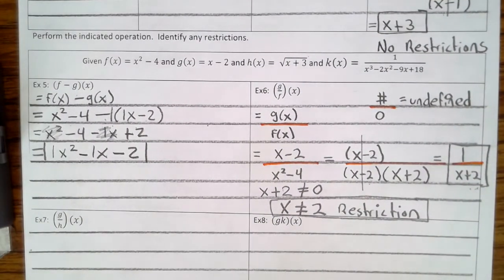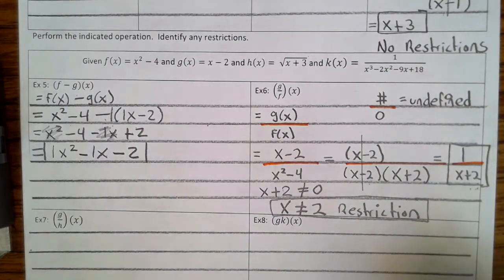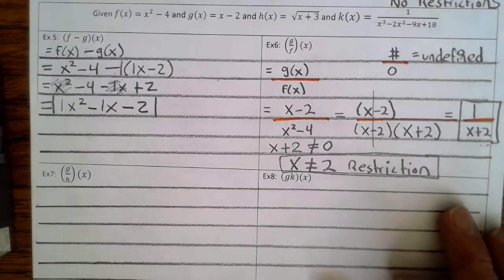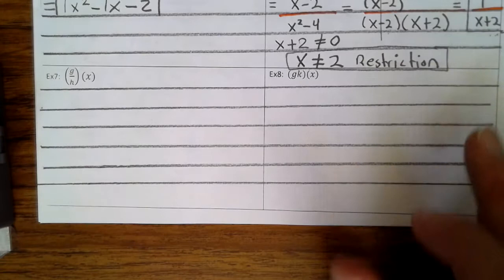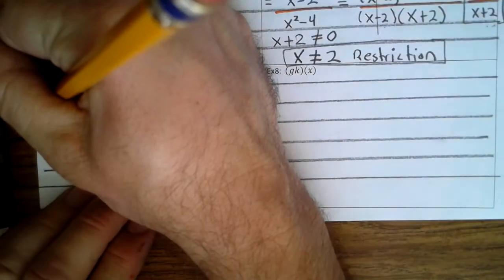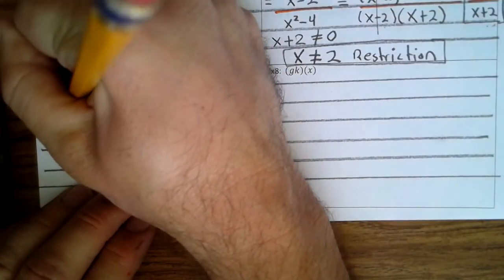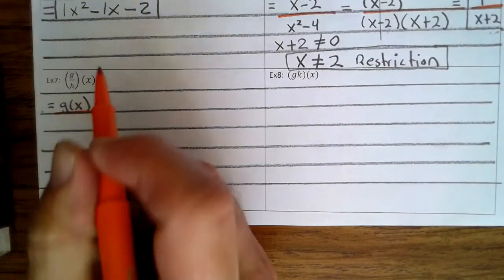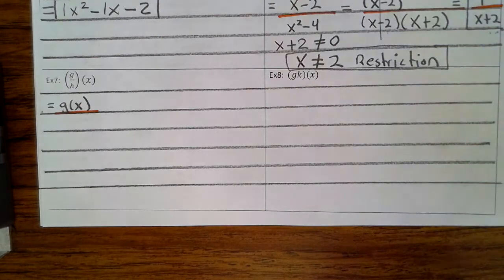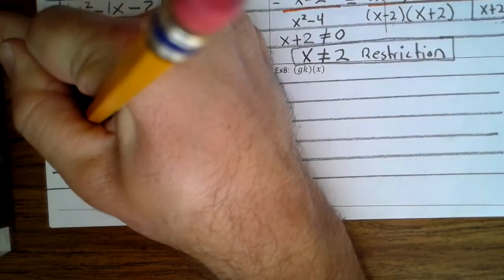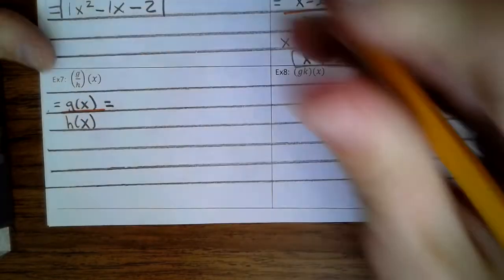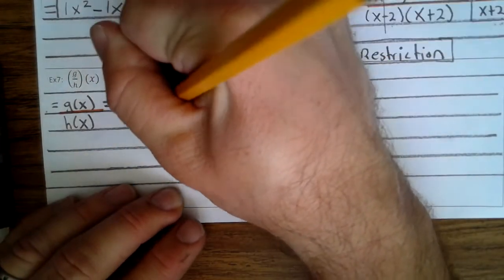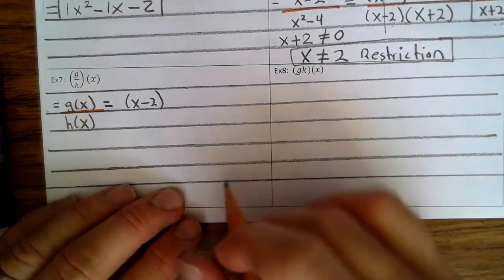All right, example 7. So we have g of x divided by h of x. Well, g of x is x minus 2, and h of x is the square root of x plus 3.